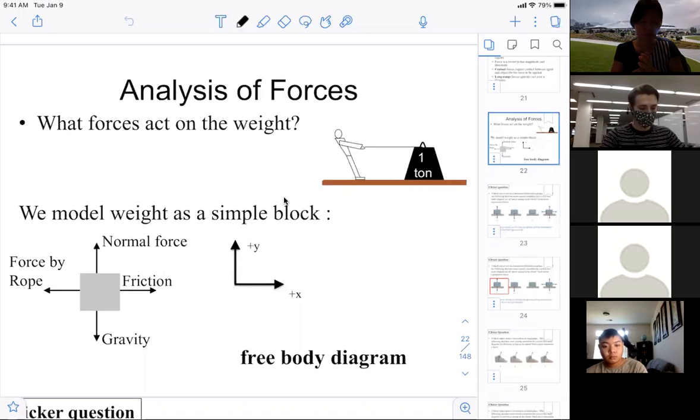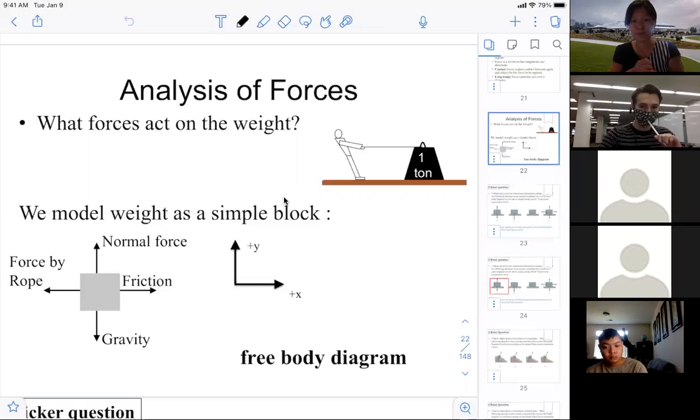First, you want to see which object you're interested in. You isolate the object. In this case, what force is acting on this weight? This is a 1 ton weight, right? It's literally a ton of weight, a very heavy object. And your interest is in this weight, so you're going to isolate it.